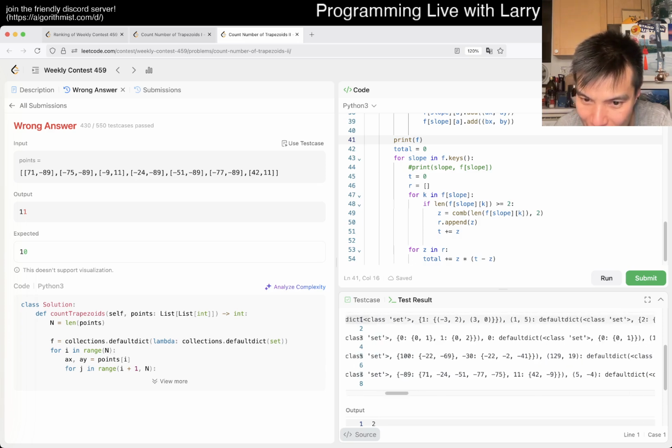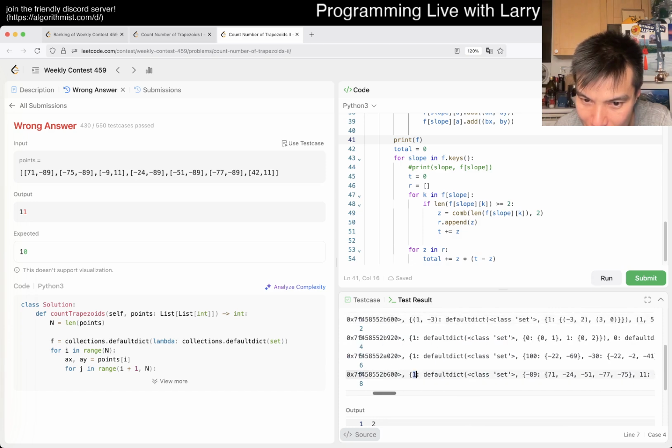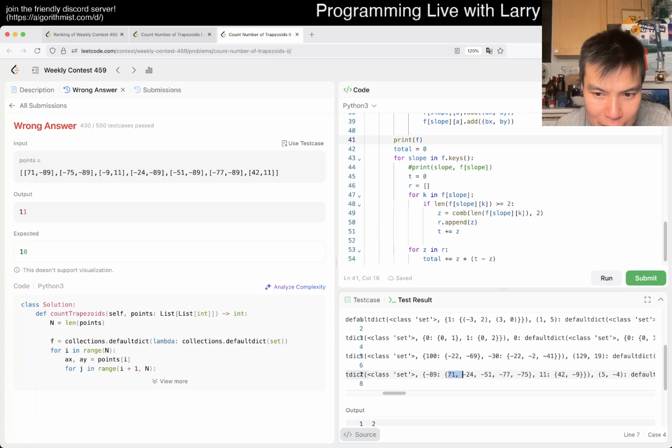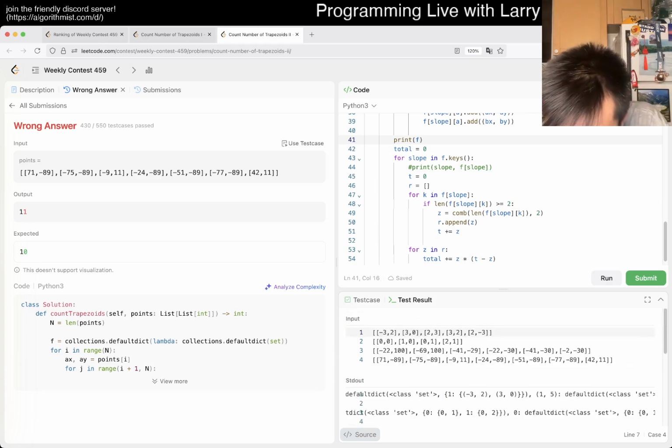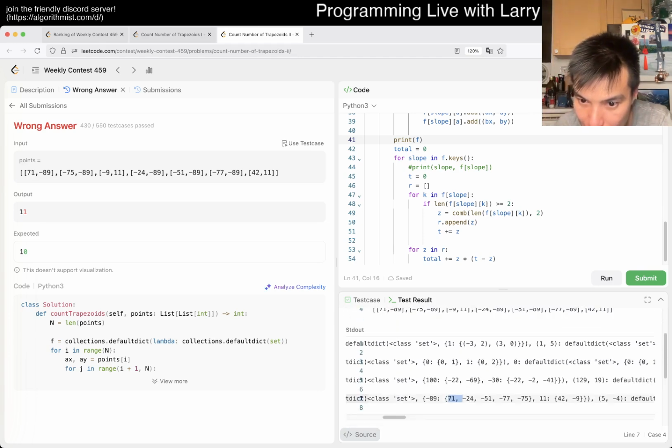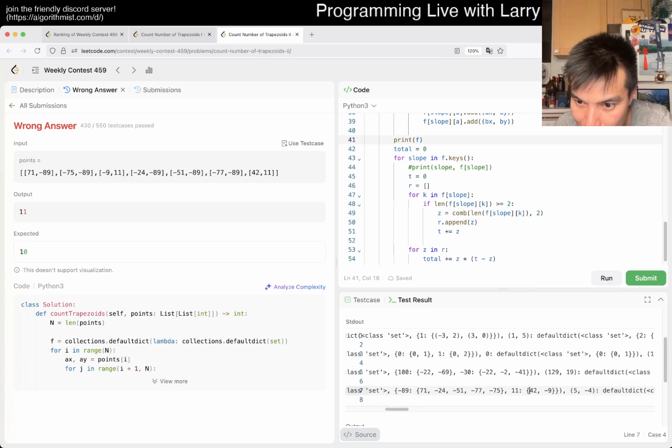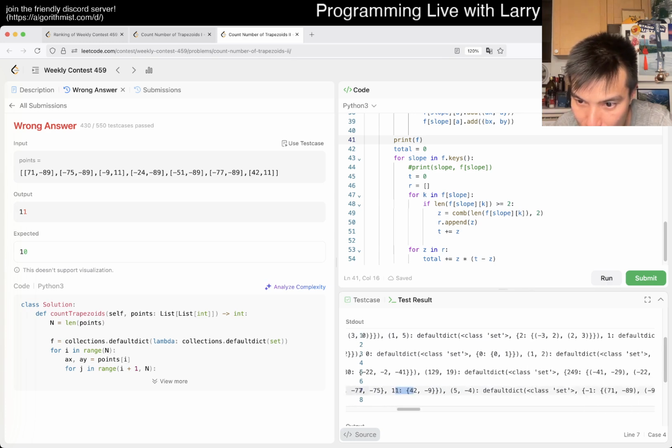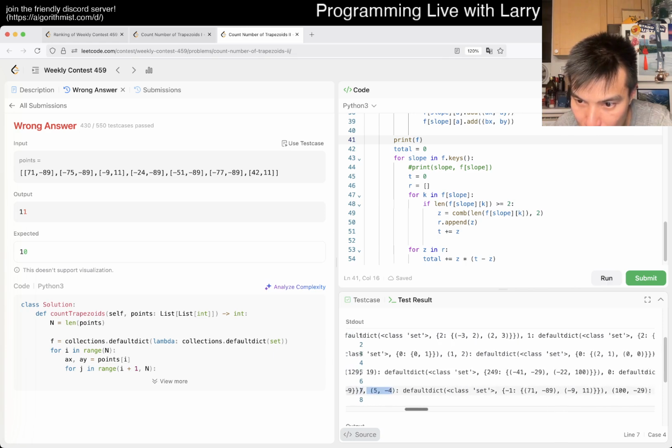So yeah, this is on the 1. On 89 we have 5 points. Is that right? I guess so. I didn't really count. I thought there was only 4, but yeah, there's clearly 5. So 5 points. So 11, right? 1, and then this other slope. Oh.